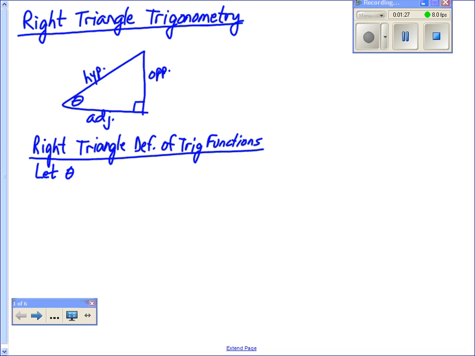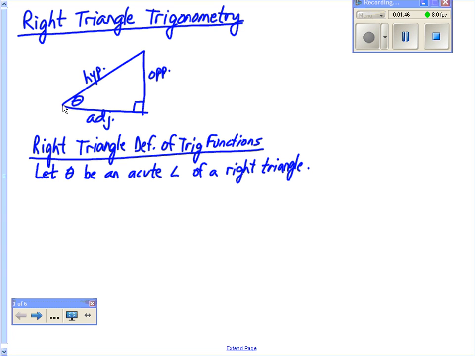So let's let theta be an acute angle of a right triangle. That's our restriction for these definitions: an acute angle, so less than 90 degrees.